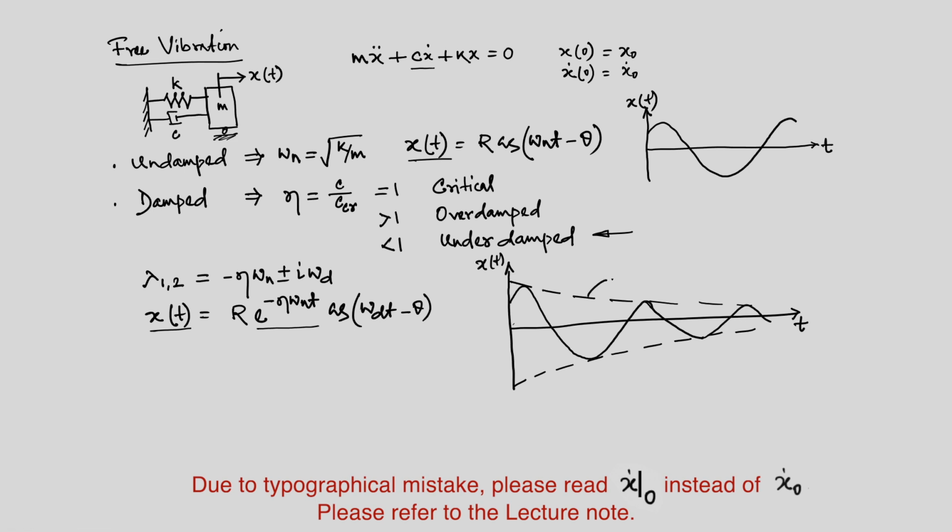This line represents e to the power minus eta omega n t.